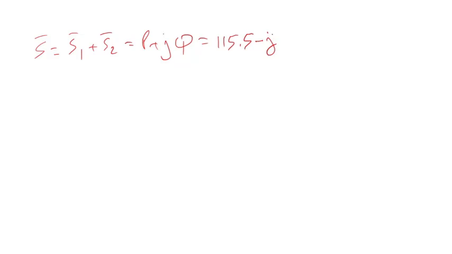So obviously here, you can write S is equal to S1 plus S2, which is equal to the total P plus j times the total Q, which is 115.5 plus minus 0.7j, that is 0.7 kvar. Just keep in mind this is in kVA.